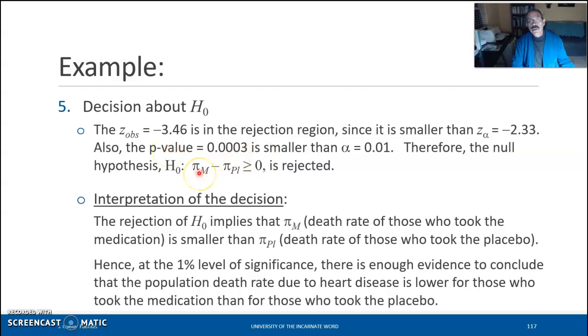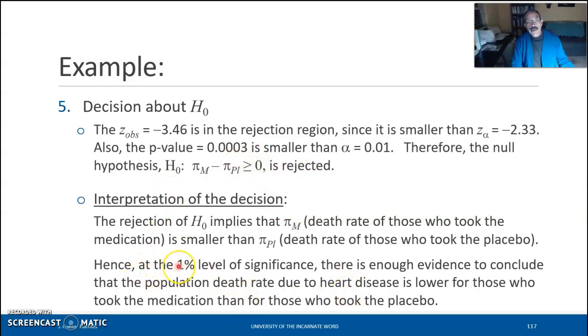So the difference in these two proportions is less than 0. That means that the death rate of those who took the medication is smaller than those that took the placebo, because this proportion is going to be smaller than this, so that the difference is negative, less than 0.